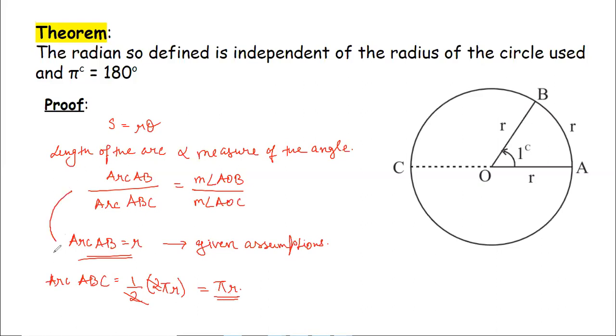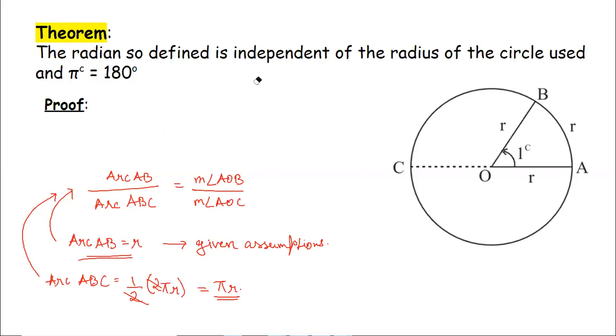Now we substitute both in the given equation: r upon pi r is equal to measure angle AOB upon measure angle AOC. The r and r get cancelled, so we are left with 1 upon pi.